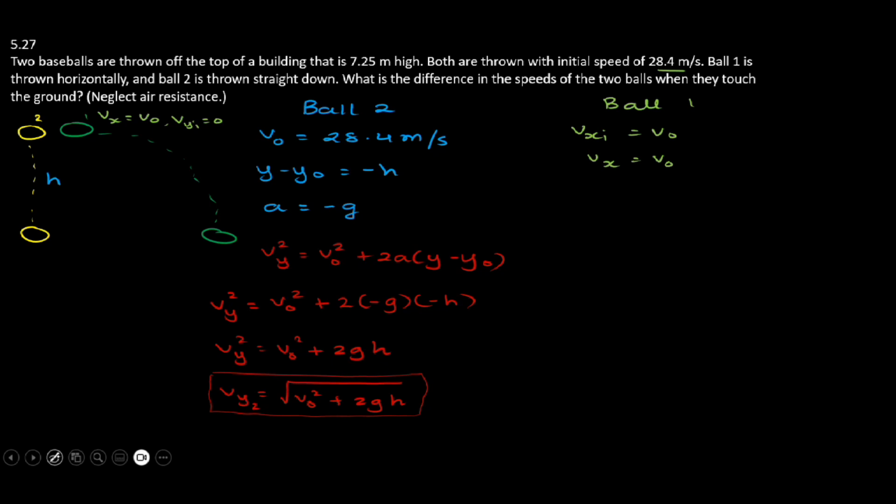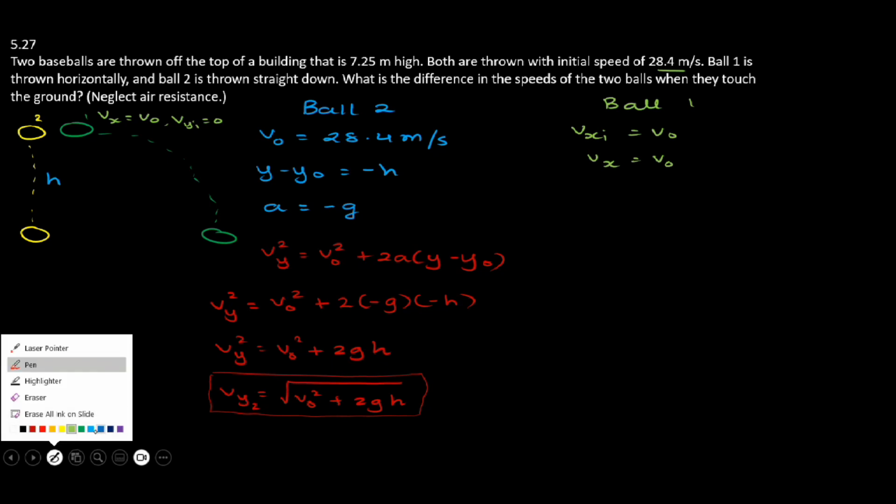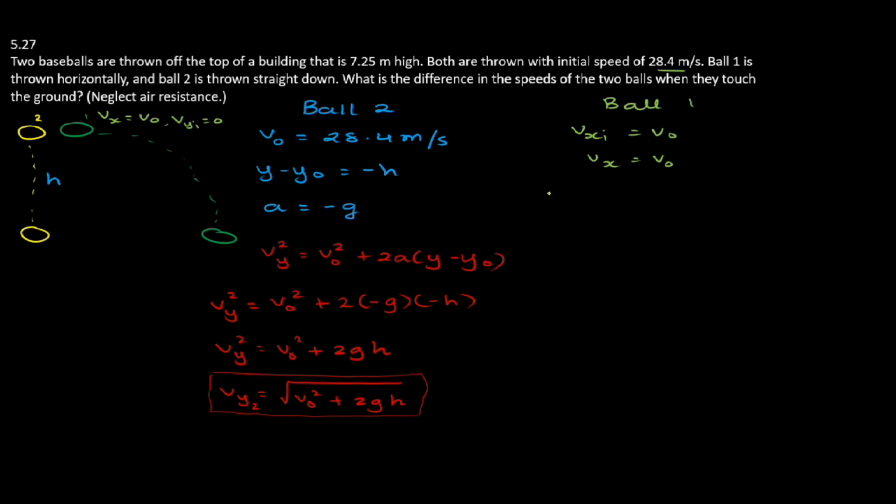In projectile motion, the x component of velocity remains constant. Then we find the y component. Y component initially is 0. So I will write Vy initial is 0. Vy final, we have to use the same equation we used here. So Vy final squared equals Vy initial squared plus 2a (y minus y naught).